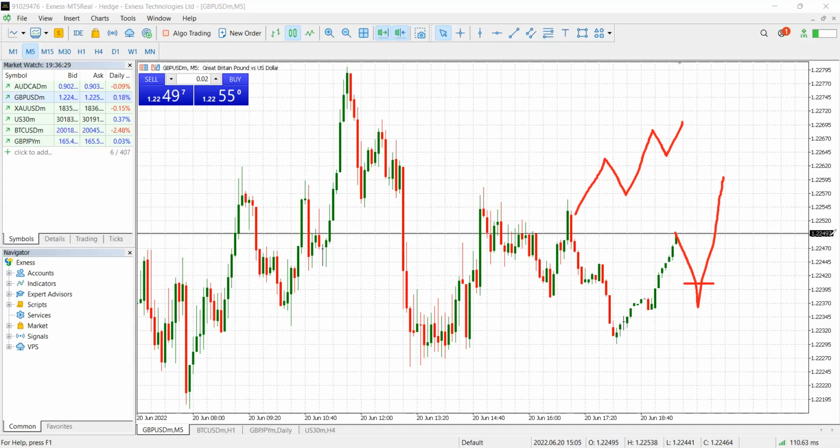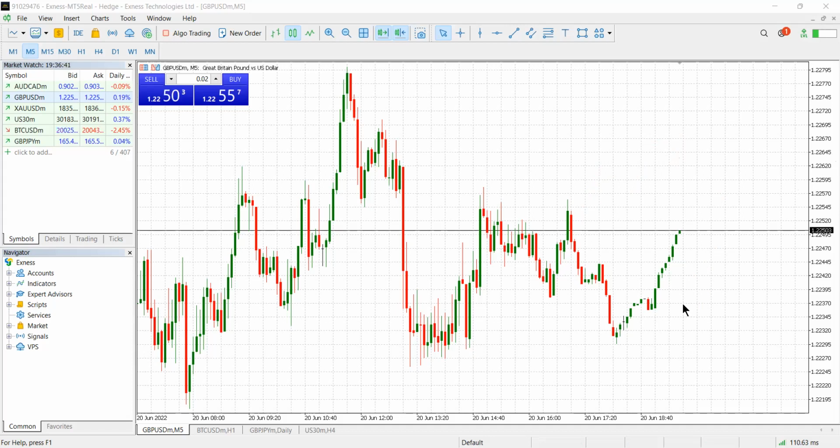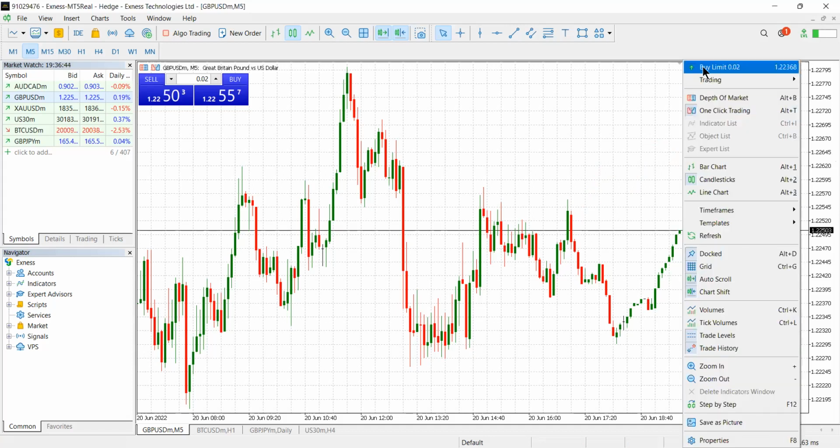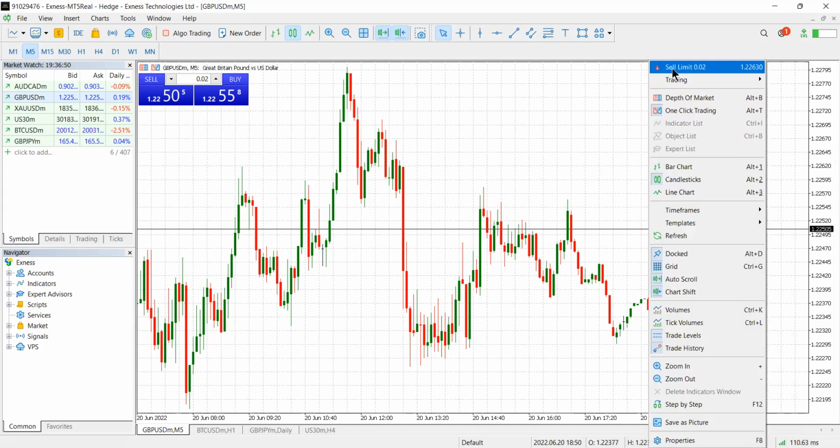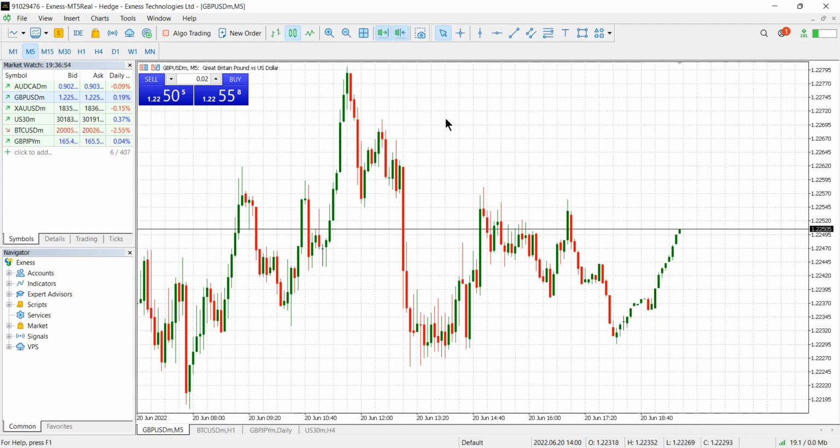So, for example, when I right click this zone over here, let me clear all my drawings first. When I right click this zone over here, you're only going to see buy limits. Now, if I believe that market should go up and then execute my trade, I'm going to see a sell limit. You get the difference.